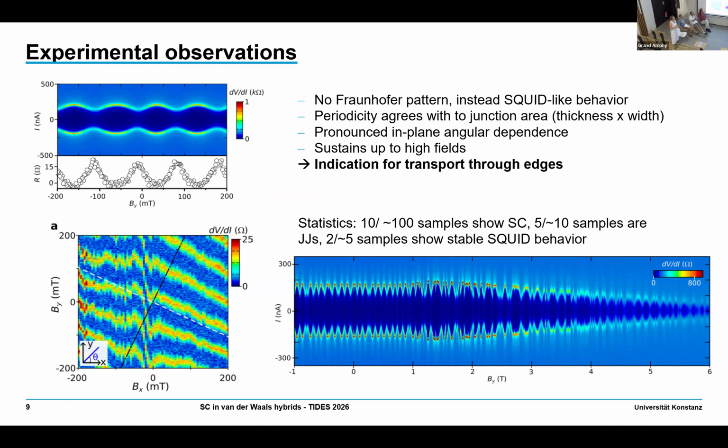You mean the robustness at high field related to the presence of SQUID-like oscillation? Because suppose you have more edge states in your system, like step edges and things like that, you may survive up to very high magnetic field. I mean, the critical current may survive up to very high magnetic field, but you cannot detect clear oscillations.